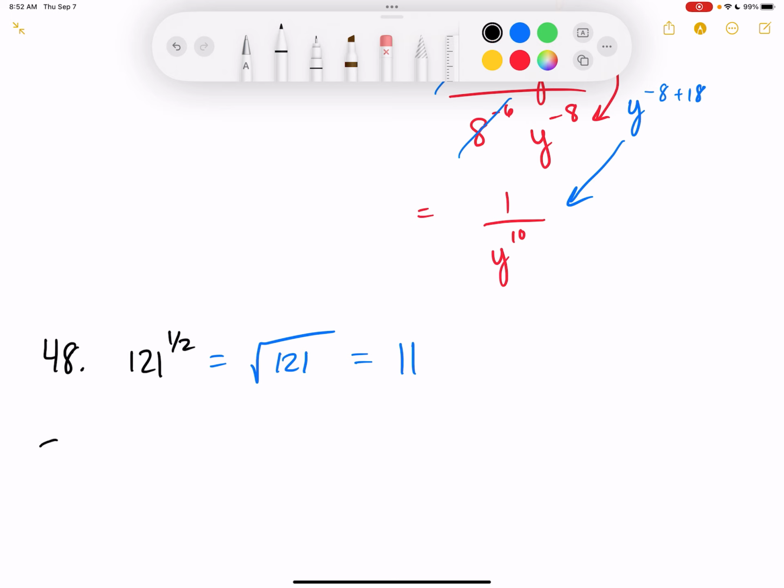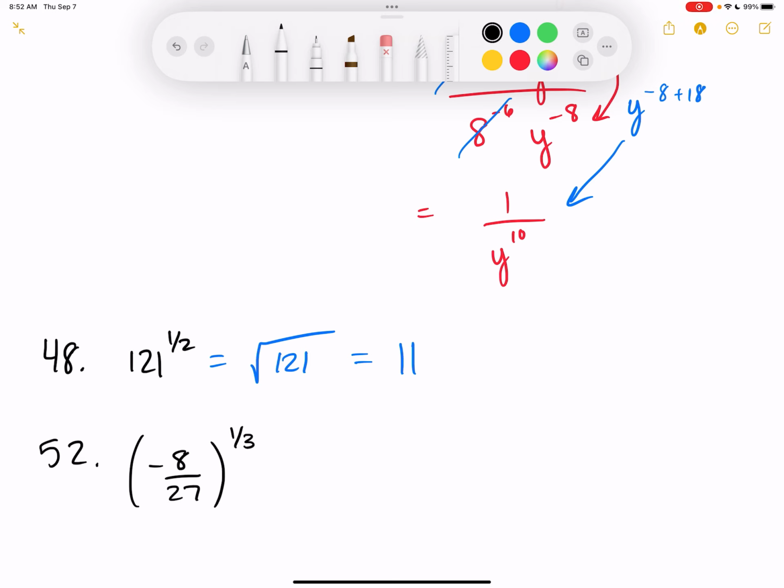Number 52. In parentheses, I've got negative 8 over 27 raised to the 1/3. So with this one, we do the same thing. If it was a square root, or an even root, we would have a problem because of the negative inside the radical. You can't have that.